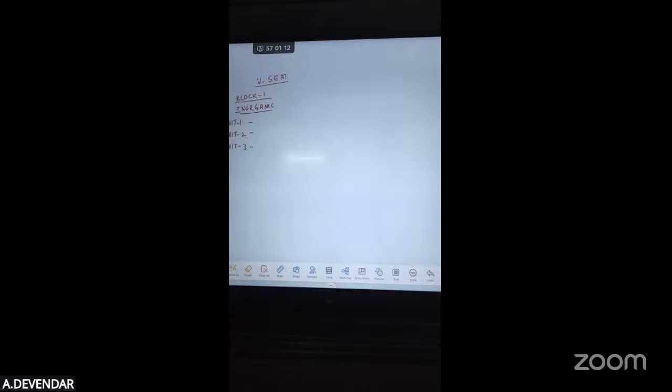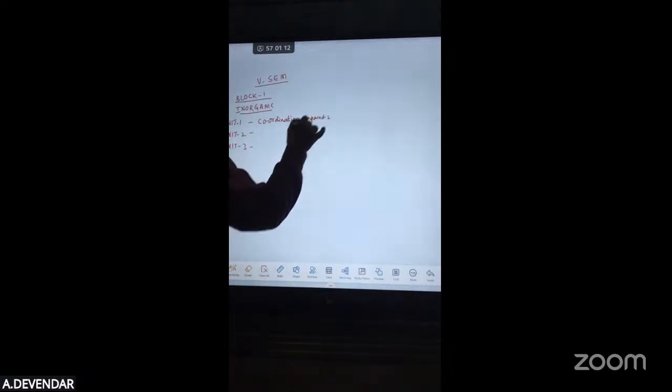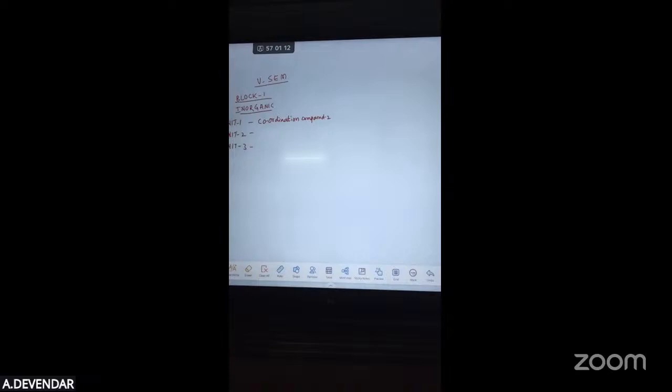Unit 1 is coordination compounds. It is a continuation of the 4th semester. Here coordination compound 2 is there.